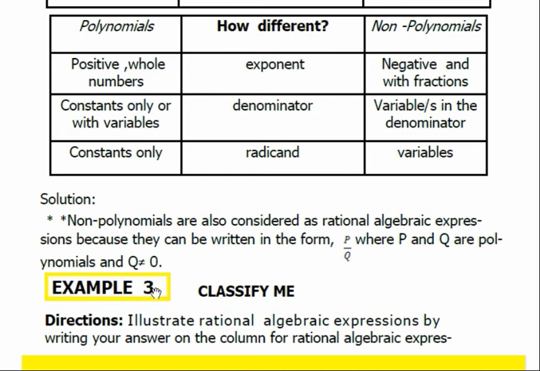For example 3, we have here classify me. For the direction, illustrate rational algebraic expressions by writing your answer on the column for rational expressions. So this is just an example.